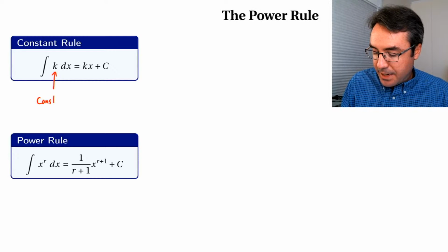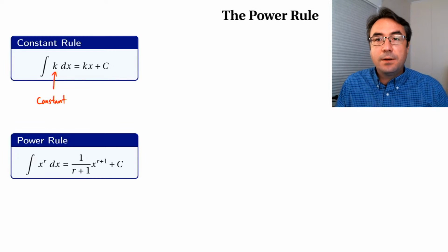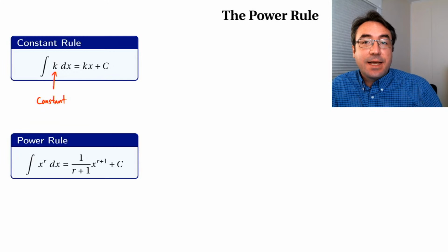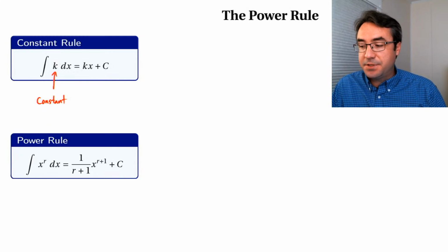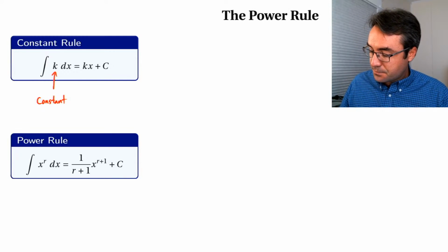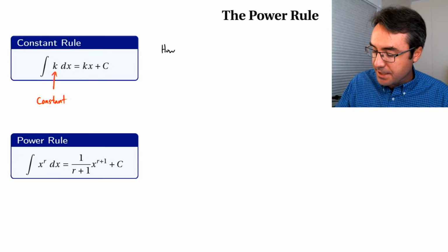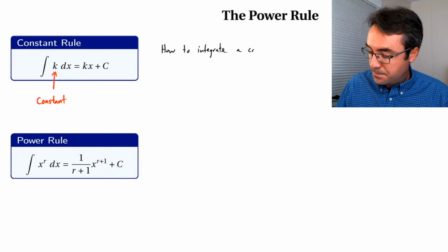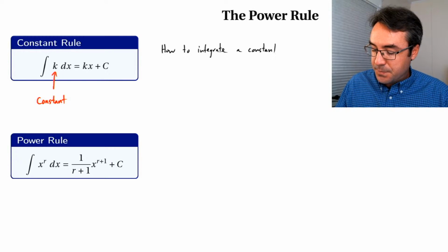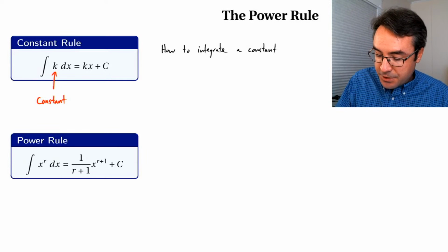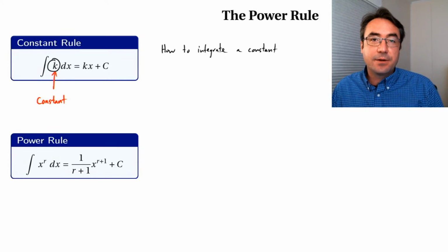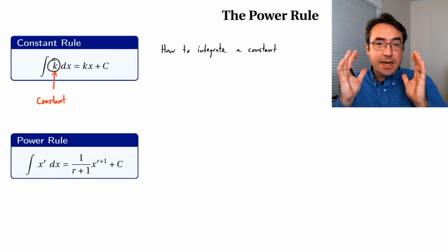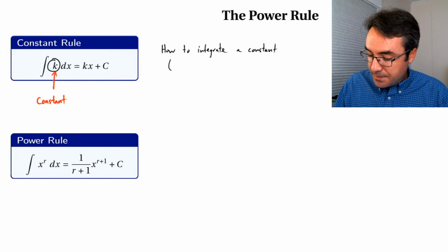Here k is a constant. What we get is kx, k times x, plus capital C. So this one's really telling us how to integrate a constant function. We don't see any variable there. We're just integrating everything inside the integral sign and the dx. So it's just a constant by itself, unattached to a variable.